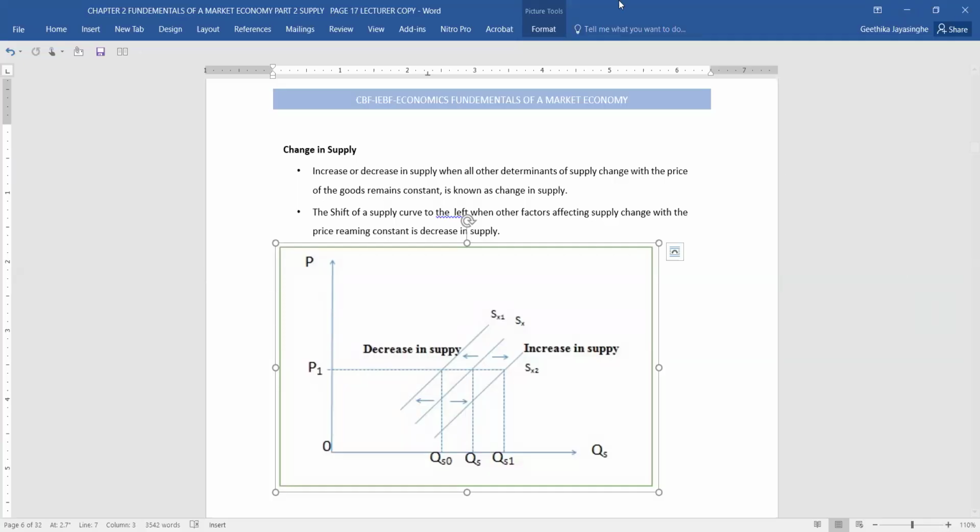Those who are new to economics, make sure you draw your graph beautifully to the standard. Because when you do your further courses, after CBF, then DBF, there are so many other courses in economics. As a banker, you should know your economics well.